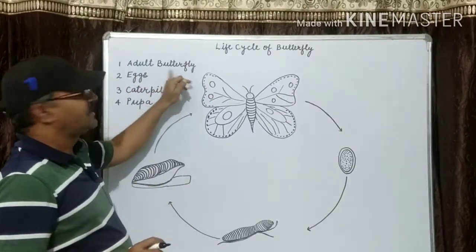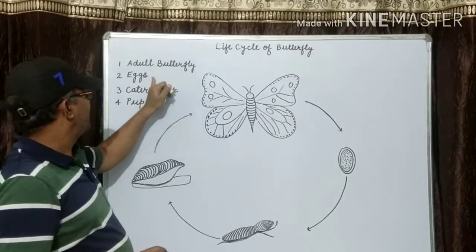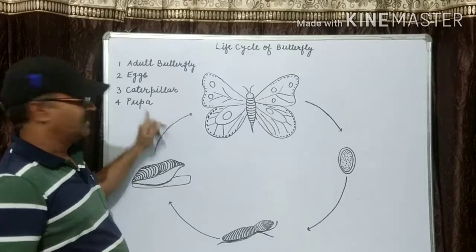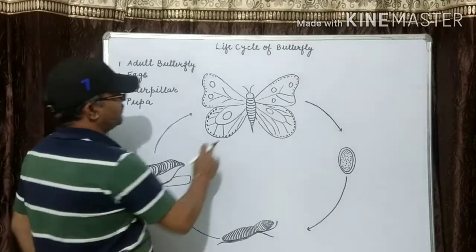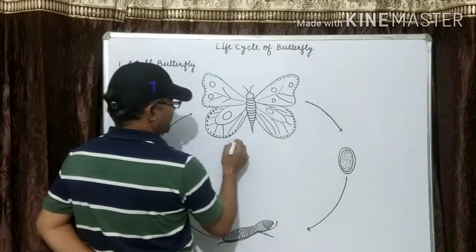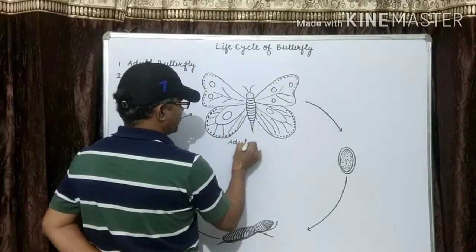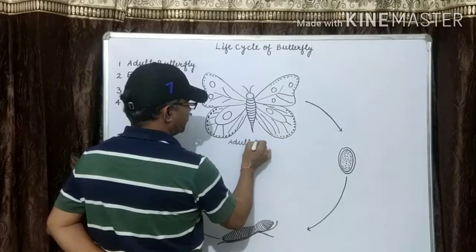Number one, adult butterfly. Second is eggs. Third is caterpillar. And fourth is pupa. Now we are labeling this. What is this? This is adult butterfly.